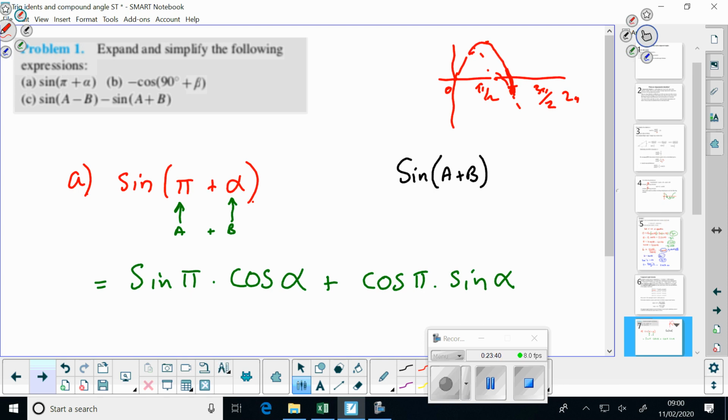So the sine of pi is equal to 0, times cos of alpha.